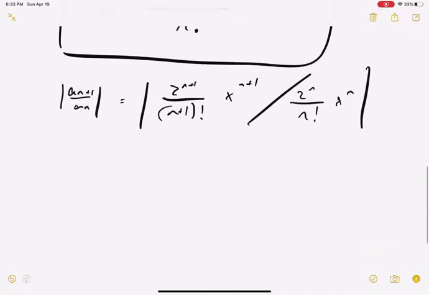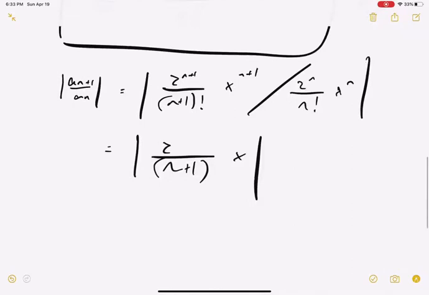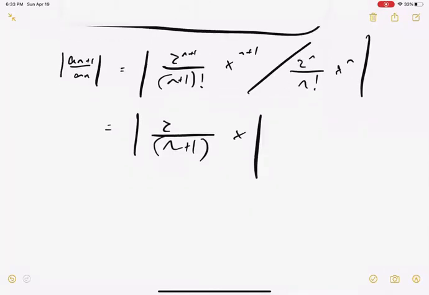So let's see, simplifying this, we would get 2 over n plus 1 times absolute value of x, and we want this limit to be less than 1. So first we ask, what is the limit? Well, let's treat x like it's fixed, then we have 2 over n plus 1.